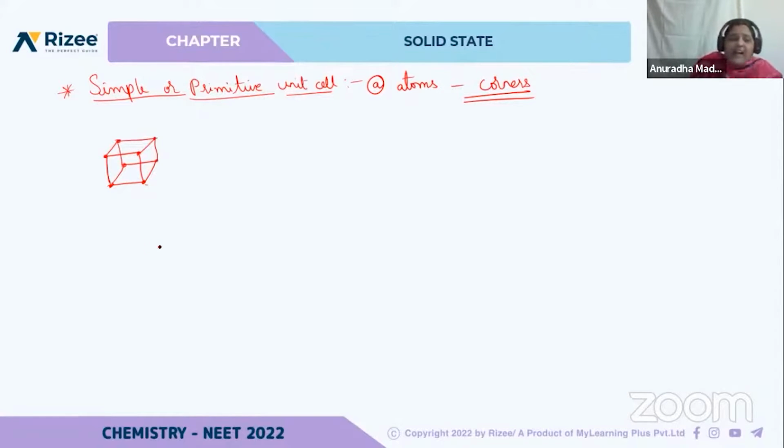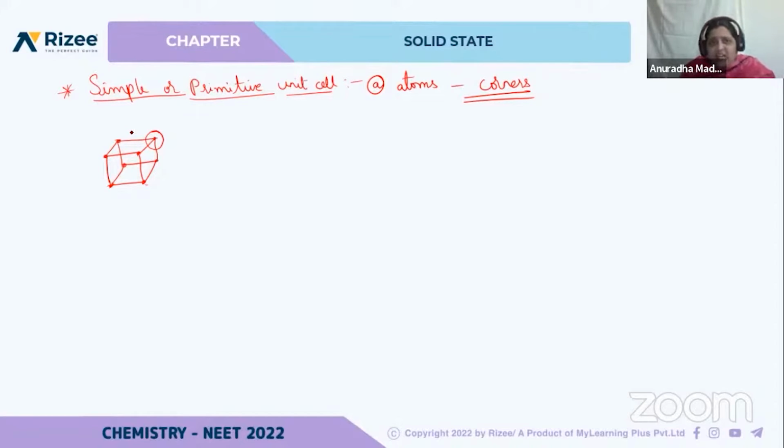If one atom is at the corner, let's say this one, check whether the atom is completely inside the unit or not. No, some part of that atom is inside the unit cell and some part is outside that unit.